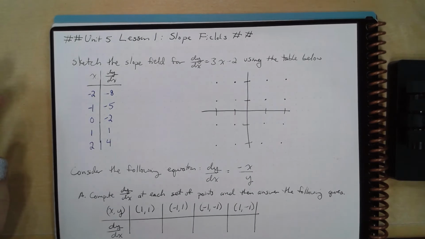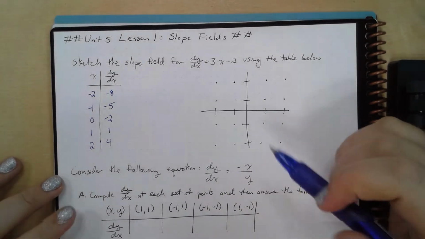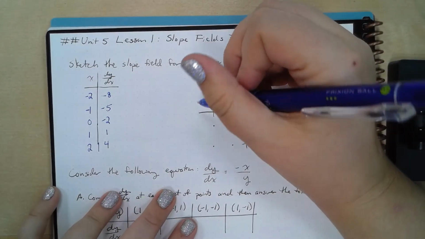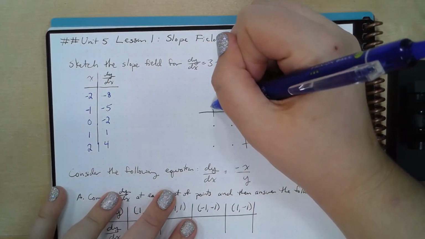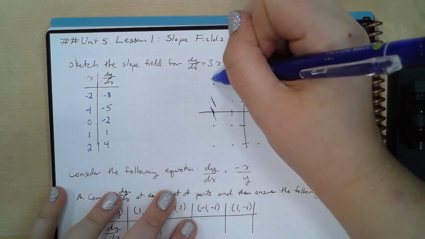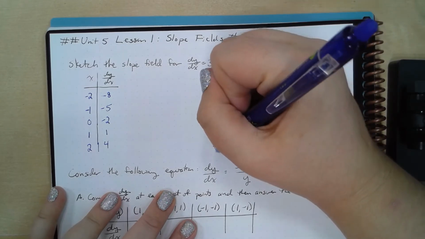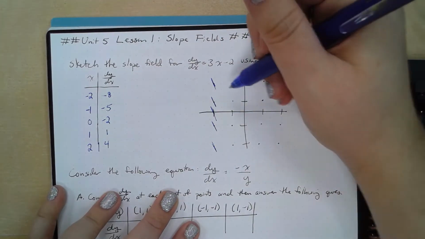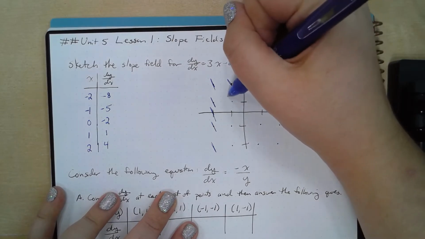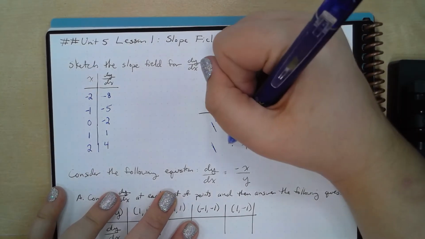And then what we need to do is actually just draw the slope here. So when x is negative 2, our slope is negative 8, which is going to be kind of steep. So it'll be something like this, right? Not very accurate there. And when it's negative 1, it's going to be a little less steep, negative 5. And these are just rough approximations.